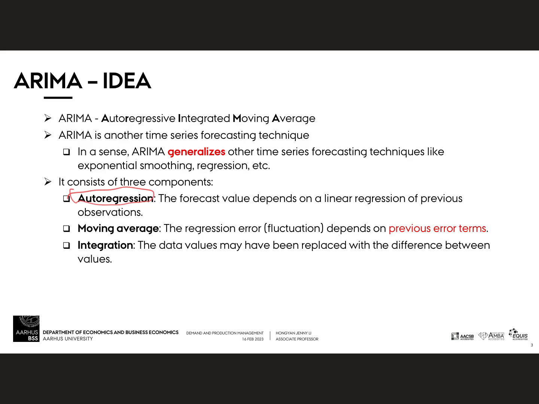This is regarding several past periods' actual data. And then the moving average part is to add a moving average regarding your forecasting errors. And integration is mainly related to the methods to estimate the parameters. If your data is not stationary, you're not allowed to use the autoregressive plus moving average method. That's why here we have an integration part. We explain what integration is later.